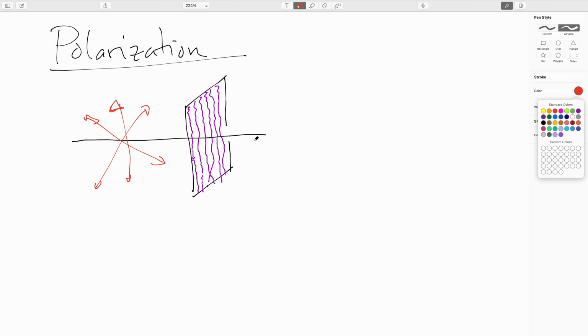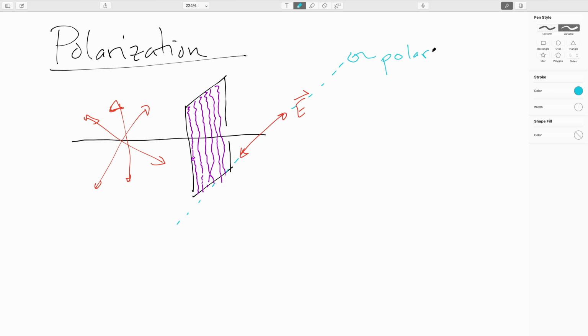And so what gets passed through is what didn't get absorbed, in this case just the horizontal bit of it. Now, because we're more interested in the effect rather than the cause, we don't focus on the absorption, we focus on what gets transmitted. We say that this direction corresponds to the polarization axis of the material.